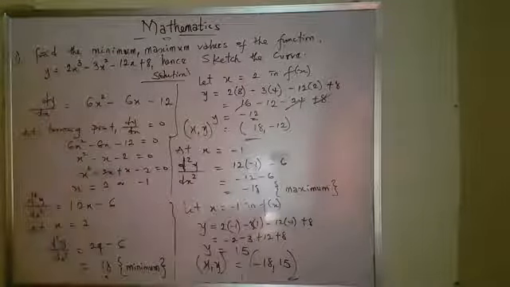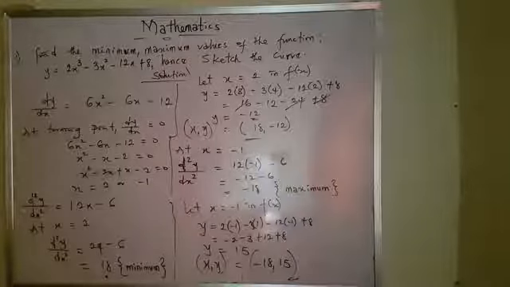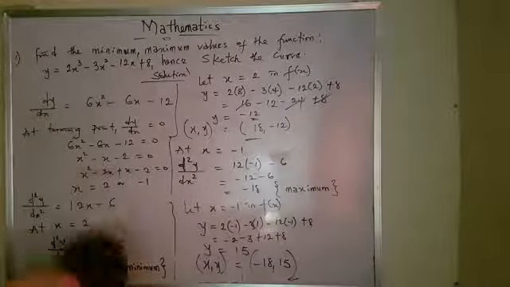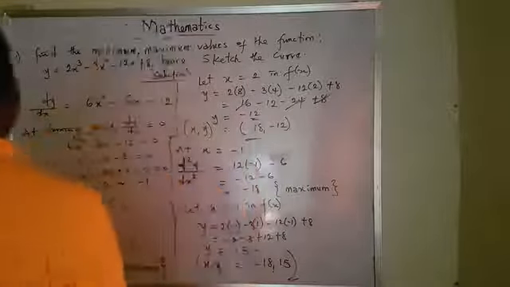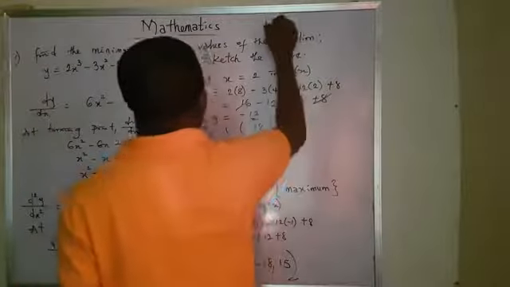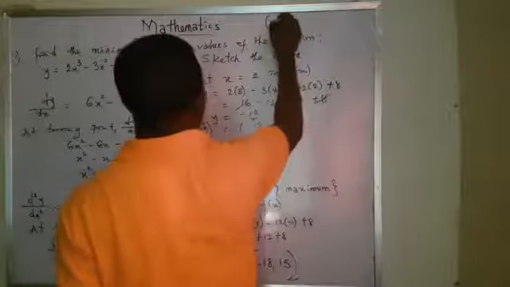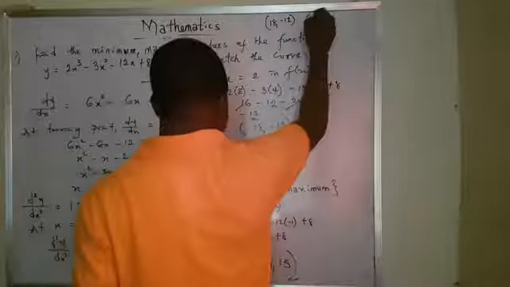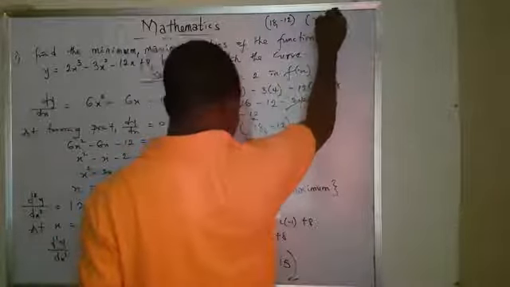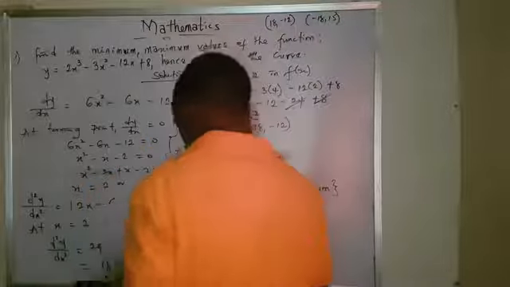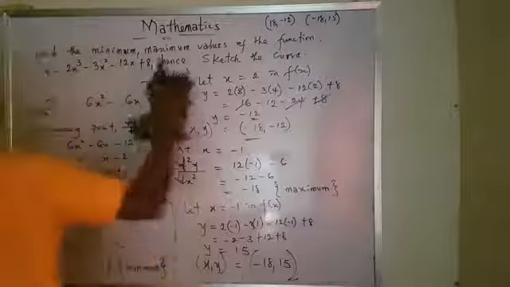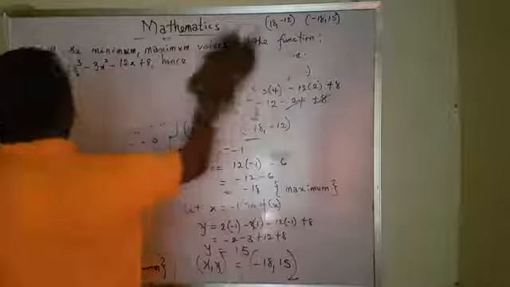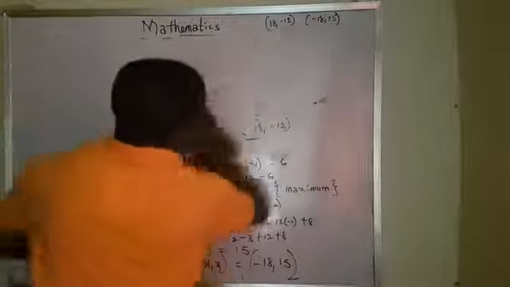Now let's sketch it. Let me note this here. I want to clean everything. 18, minus 12. And I have minus 18, 15. Nothing perfect. You're told to sketch. So let's sketch that.